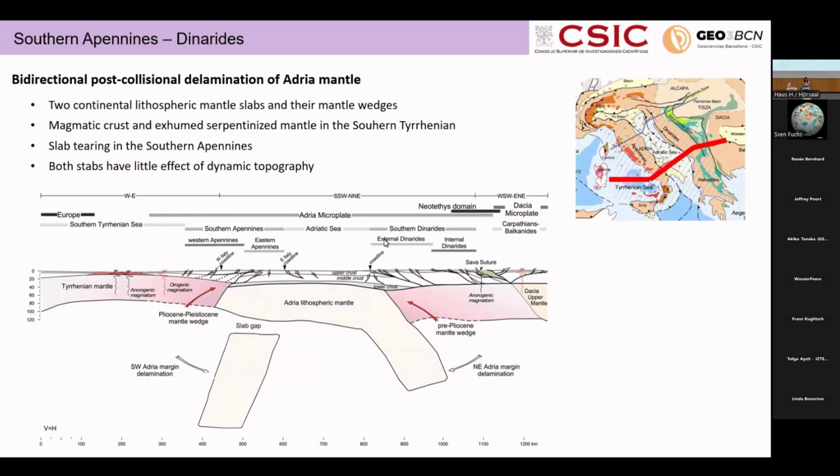And also there is this magmatic area with mantle exhumation, serpentinized mantle exhumation, that is also compatible with the high surface heat flow in this area, and the formation of these basins.